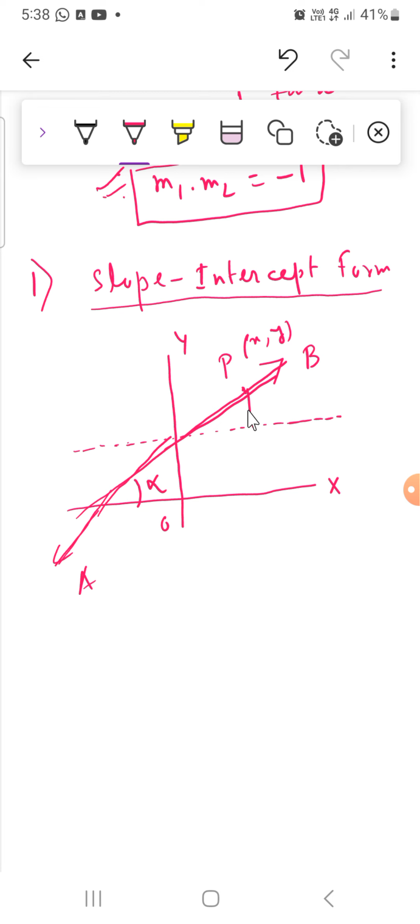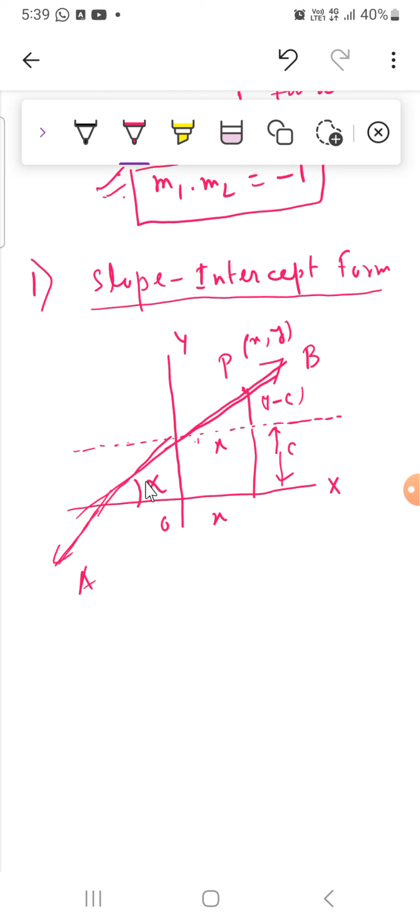Then here we are taking the parallel straight line at a distance c from the x-axis, and since the point's height is y, this distance must be y minus c, and this is x, so this must be equal to x.